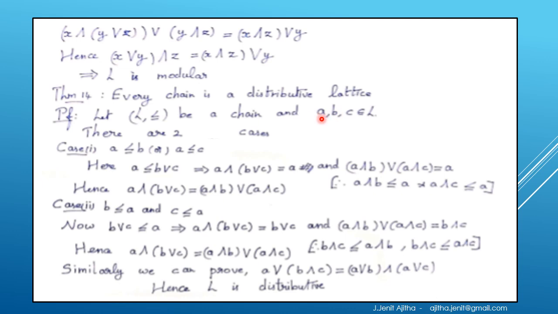Therefore, if you take any two elements, then there is a relation between them: either A is related to B or B is related to A. Therefore, A is less than or equal to B and A is less than or equal to C. Now, this is clear, no? Since A is less than or equal to B, clearly A is less than or equal to the upper bound also. Therefore, A is less than or equal to the upper bound for B and C, that is, B join C.